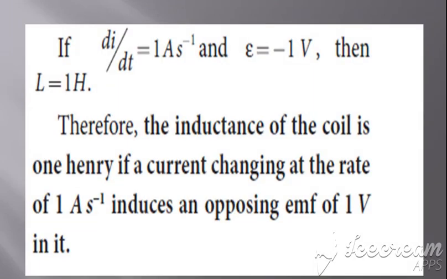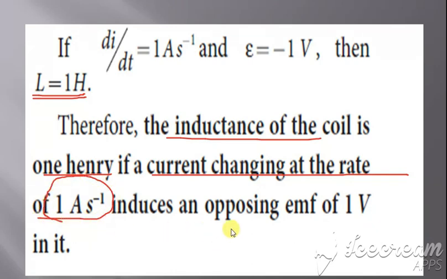So di by dt is equal to 1 ampere per second, E is equal to minus 1, then we get the value of L is equal to what? 1. Okay, so L is equal to 1 what? Henry. So the inductance of the coil is 1 Henry. When do we get 1 Henry? When current changes at the rate of 1 ampere per second and there is an opposing EMF of 1 volt.